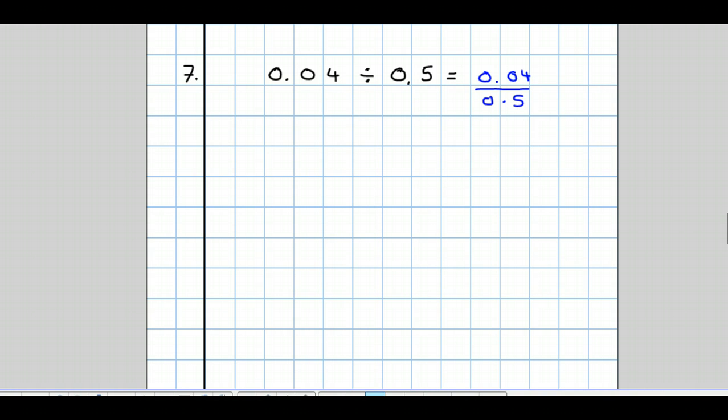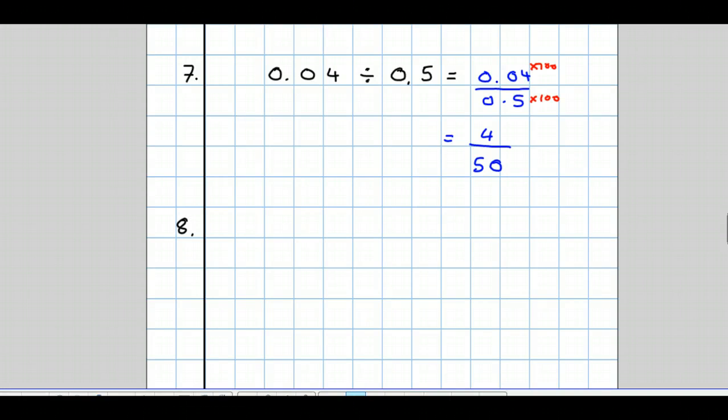Now I've got to multiply the numerator by 100 to turn it into a whole number. And of course I'm forced to do the same to the denominator. 0.04 times 100 is 4. 0.5 times 100 is 50. So I don't have to do any more here. There's the answer as a fraction.